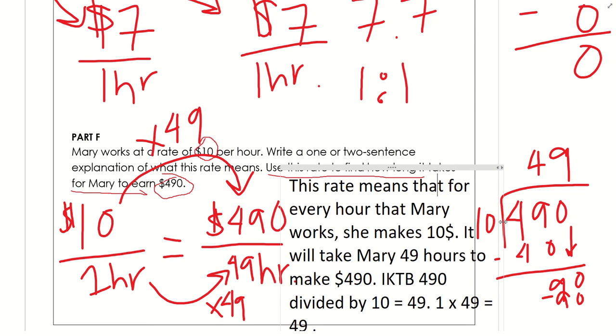That should be 9 total packets that all have lots of information about unit rate and rate. All of the packets that we have done since your mid-unit test will really help you with this review. So if you have questions, look in those packets.